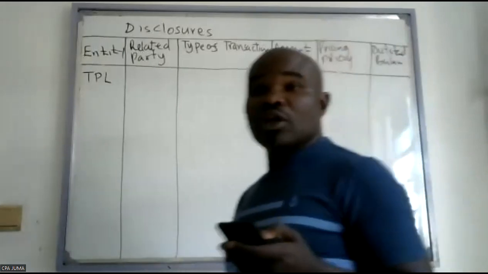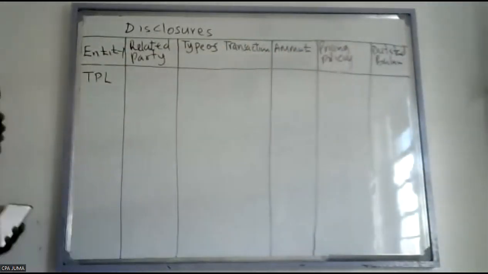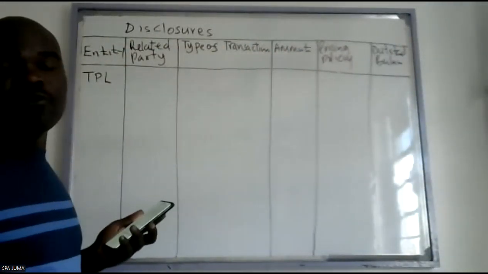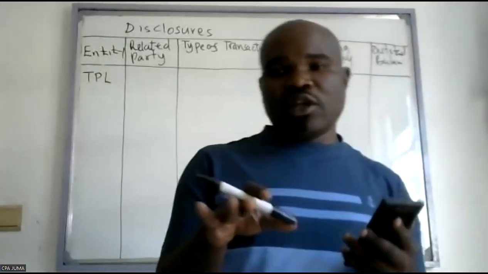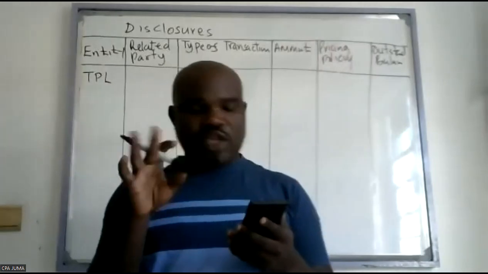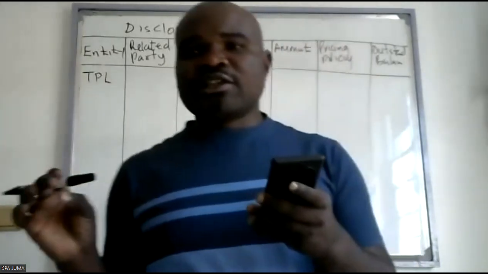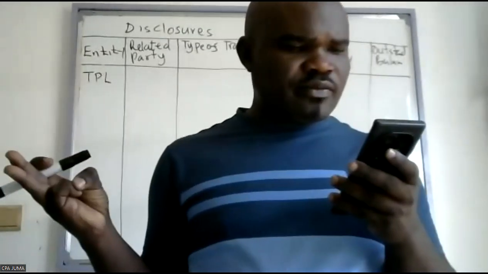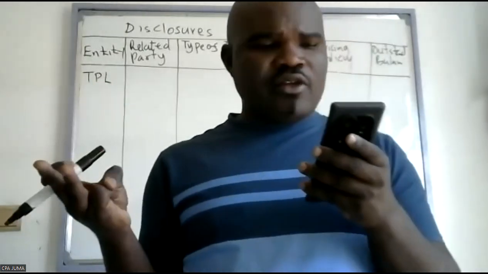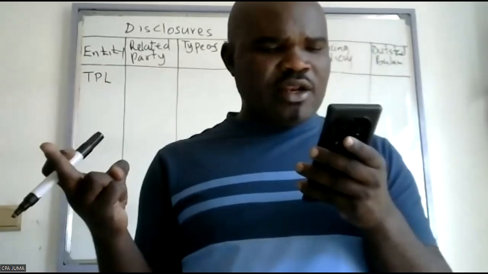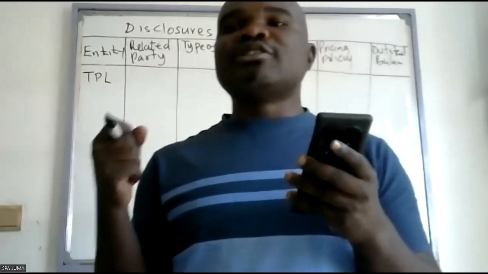So they transacted with 1, 2, 3, 4. But of those 4, check the ones highlighted by Hilda and Joy and the rest. TPL transacted with TTL, MDFL, MHSL, and BCL.